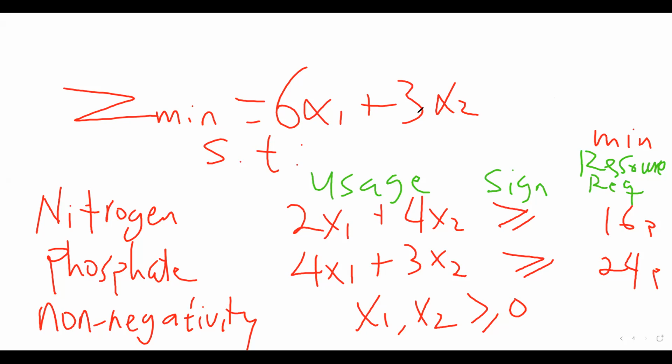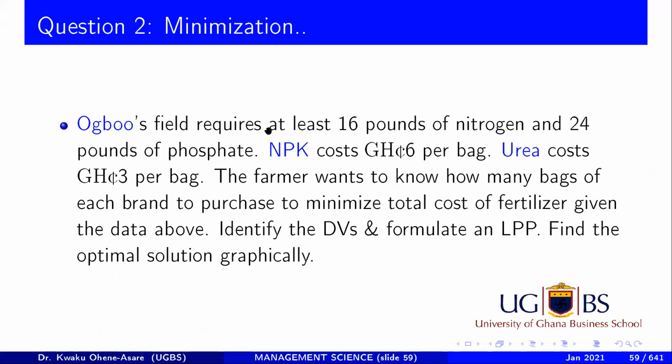Michael is asking, so Doc, in a constraint where the word exact is used, the sign will be equal to? Yes. If the storyline had been Ogbo's field requires exactly 16 pounds, then you need equal to. If it had been Ogbo's field requires at most 16 pounds, then you need less than or equal to.